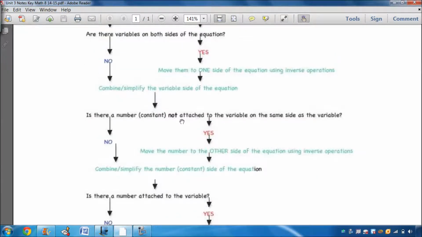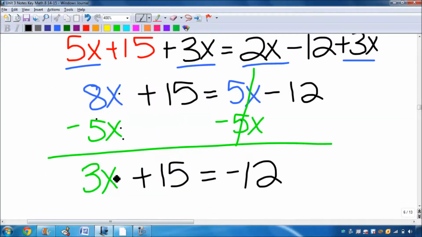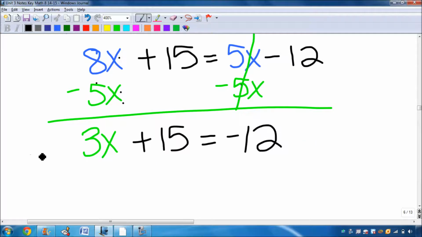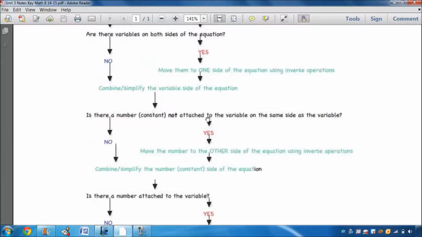Is there a number or a constant not attached to the variable on the same side of the variable? So let's look and see. The side that the variables have chosen is the left side, and there is a number on the same side, but not attached to it. And that number is 15, so I'm going to get rid of the 15 because it says yes, move the number to the other side of the equation, and then combine or simplify.